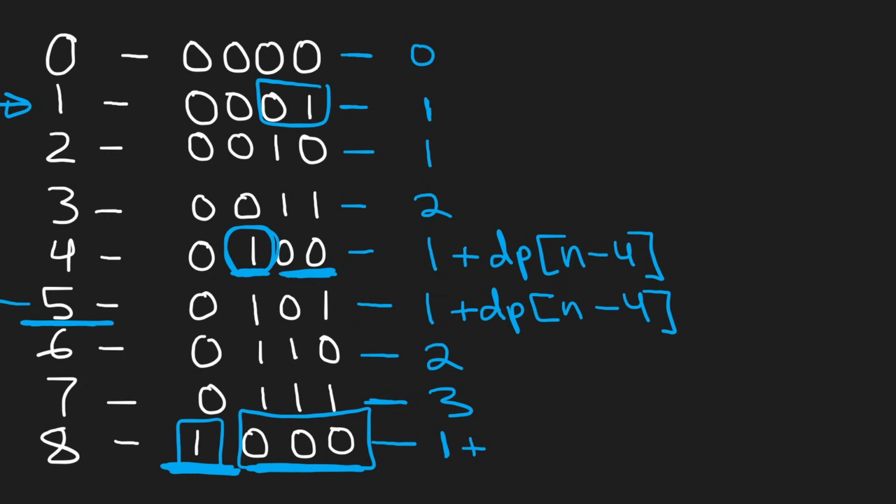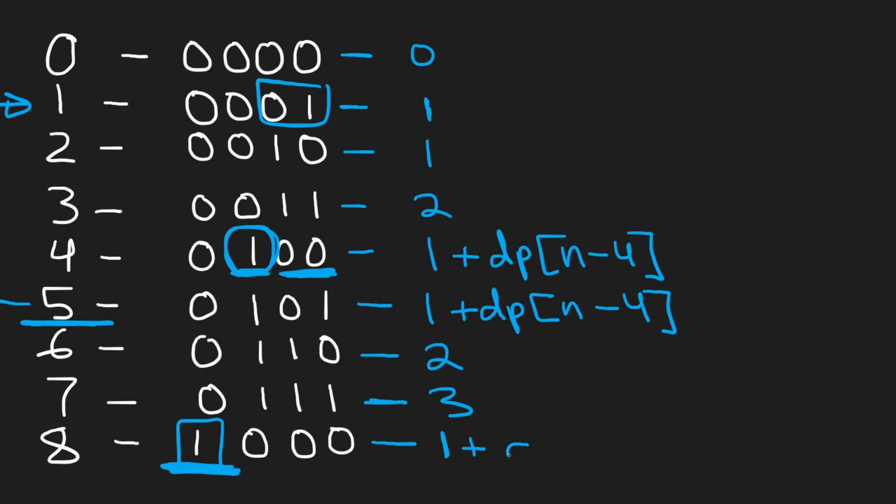Now, how are we going to get that? In this case, you can tell the offset is no longer 4, because if we do an offset of 4, we get to the integer 4. That's not what we're trying to do. This binary representation represents the integer 0. So in reality, we want to take 8, offset it by 8, which is going to get us all the way over here. And once you do that, that's when you actually notice the pattern.